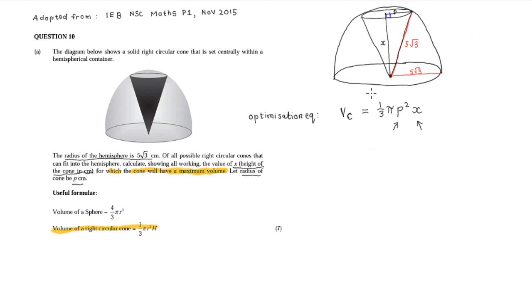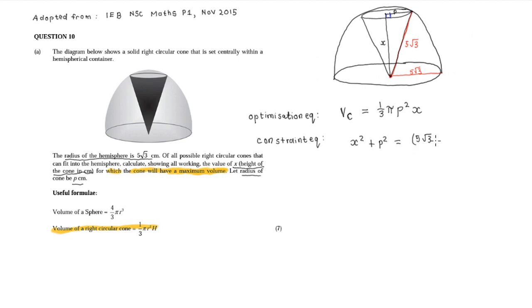Now we need to find the x value that will give us the maximum volume of this cone, which means we need a constraint equation. The constraint equation is very simply given to us through the use of Pythagoras in this right-angled triangle, which must obey the rule that x squared plus p squared must equal (5 root 3) squared.